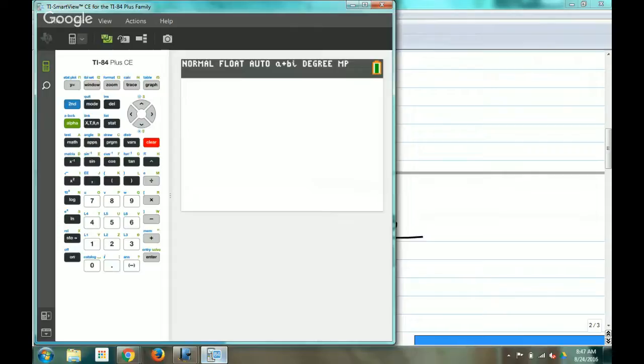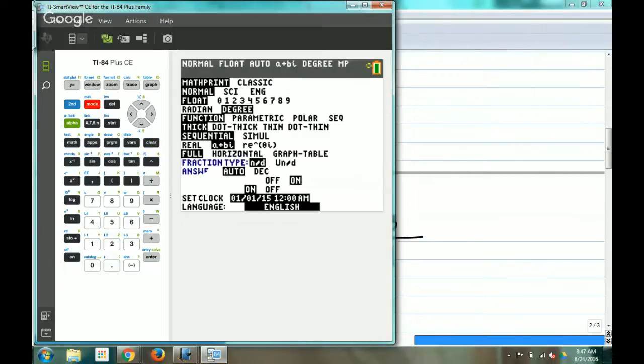All right, so let's get everybody set up. If you got the color version or one of the 84 Pluses, hit the mode button, and you should have a lot of menu options. I'm looking for Stat Wizards and Stat Diagnostics. You may have to scroll down to find those, and I want both turned on.